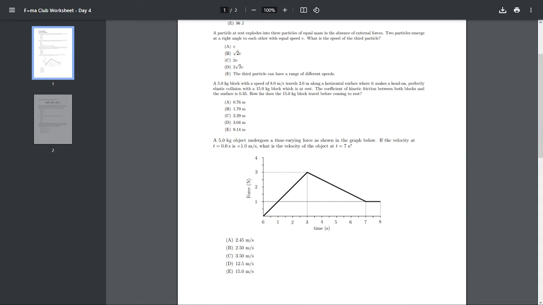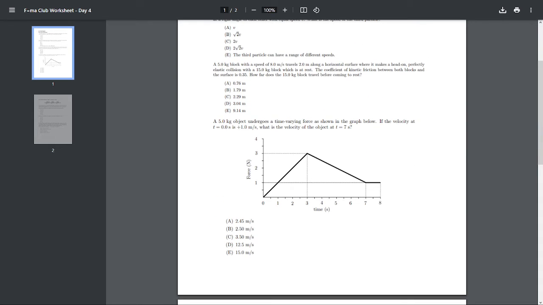All right, on to the 3rd problem. This is going to take a little bit more time, but once you've got it, you got it. This really isn't too hard of a problem, it just takes some time. So we have a 5 kilogram block with a speed of 8 meters per second.